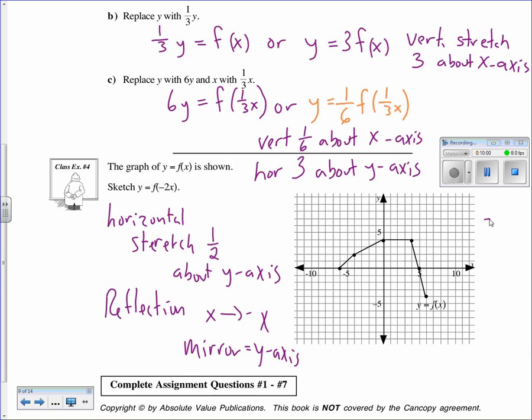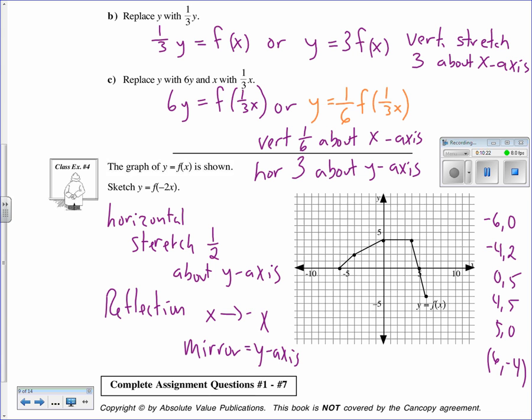So I had (-6, 0), I have (-4, 2), I have (0, 5), I have (4, 5), I have (5, 0), and I have (6, -4).